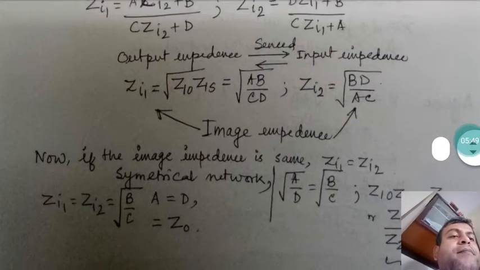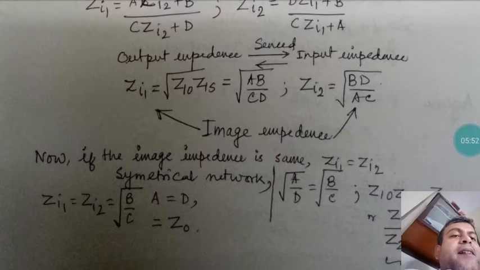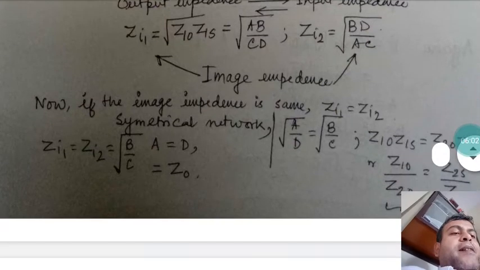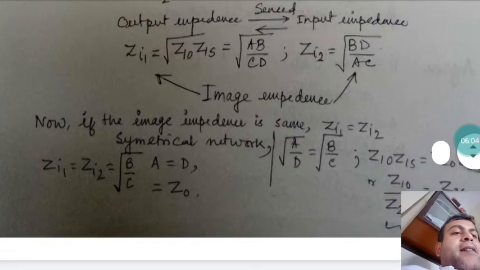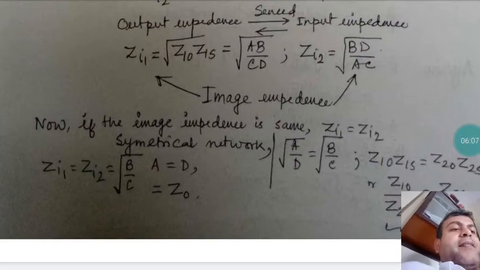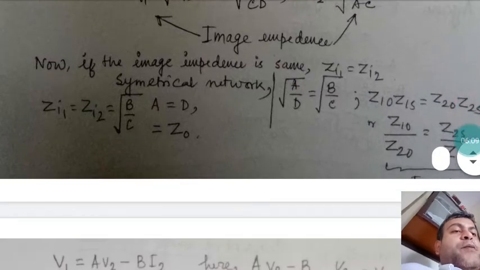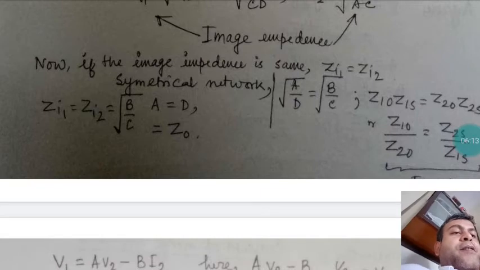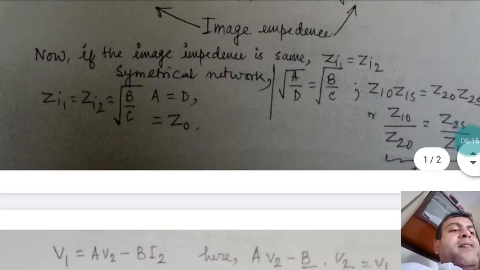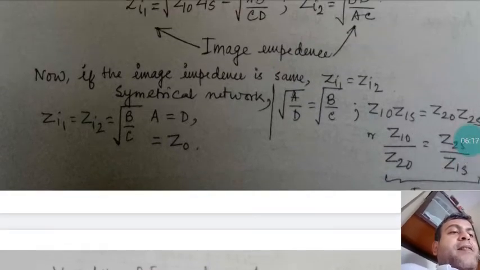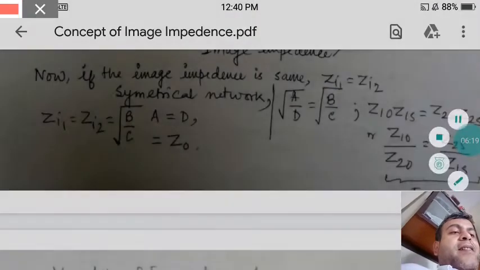Now if the image impedances are the same, then obviously A by D equals B by C, or you can say that AD minus BC equals 1. In this area you can also put that Z10 by Z1S equals Z20 by Z2S, so Z10 by Z20 equals Z2S by Z1S. This is called impedance matching, that is what I mean right here.